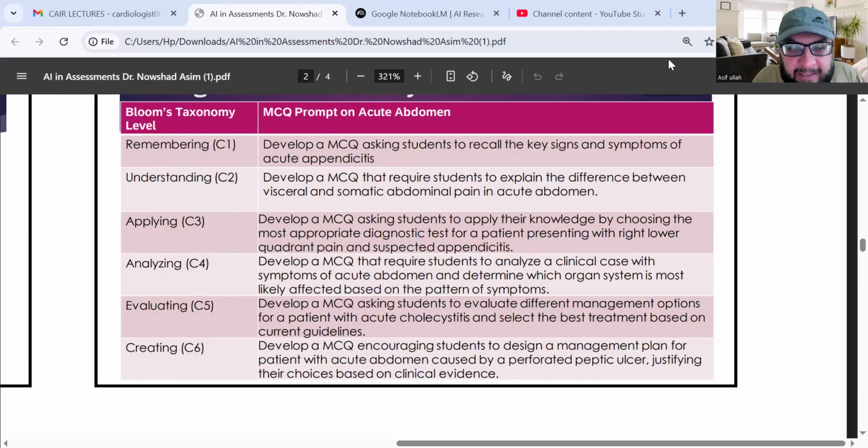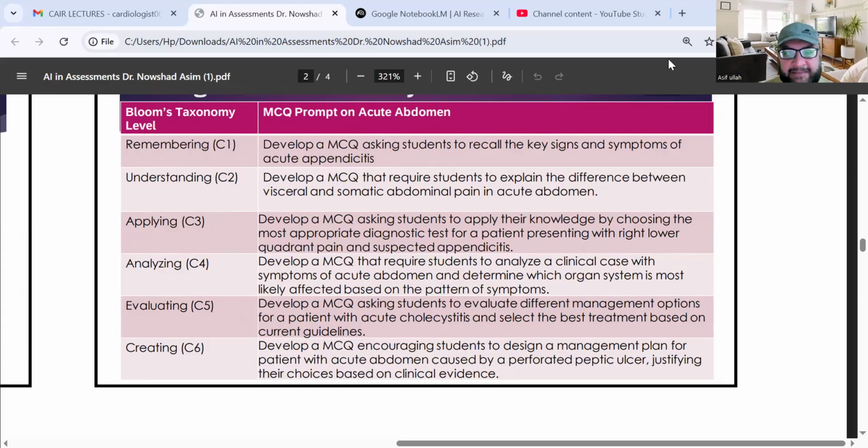In C4 analysis level, you will give the prompt, develop MCQ that requires students to analyze a clinical case with symptoms of acute abdomen and determine which organ system is most likely affected based on the pattern of symptoms.